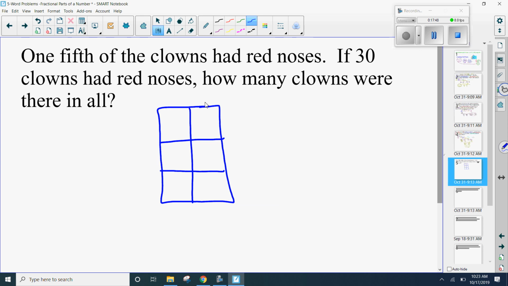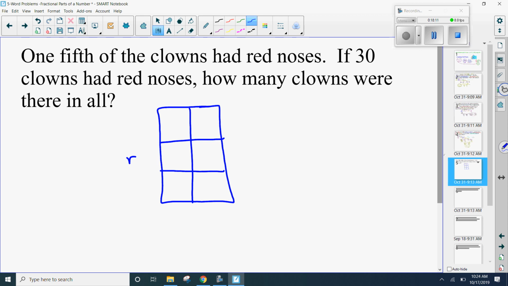So we want to set up ratios or a proportion in order to solve. Label off to the side, please, because that's what gets some of you into trouble. We look at this and it says 1/5 of the clowns had red noses. What does that mean? One has a red nose out of 5 clowns.